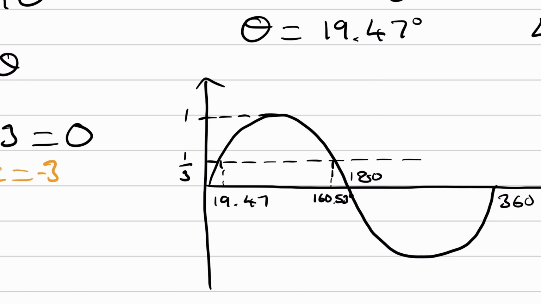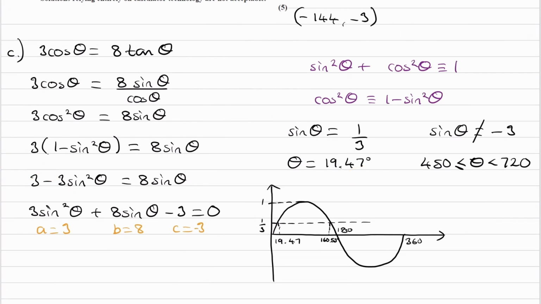And I can do that because this angle is 19 degrees from the left-hand side, and therefore it should be approximately 19 degrees from the right-hand side, from 180. So those are my two solutions for theta in the interval of 0 to 360: 19.47, 160.53.